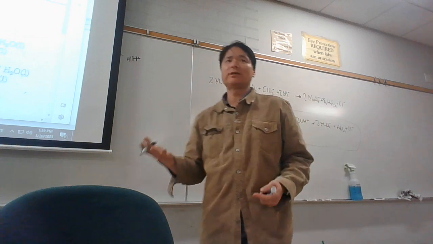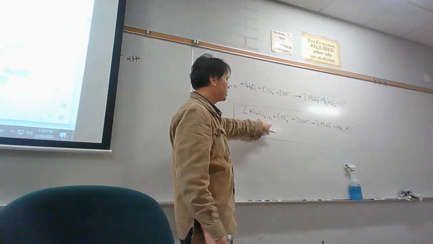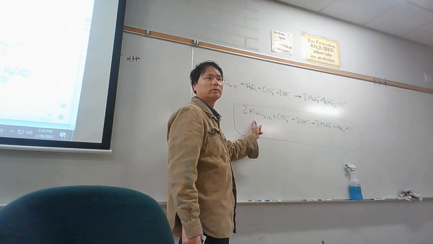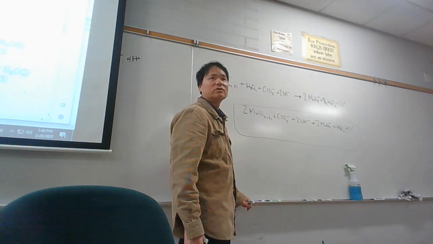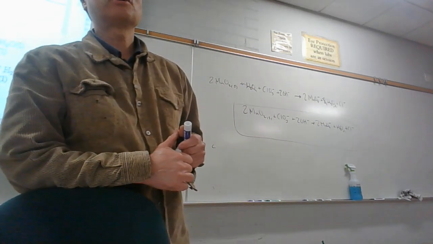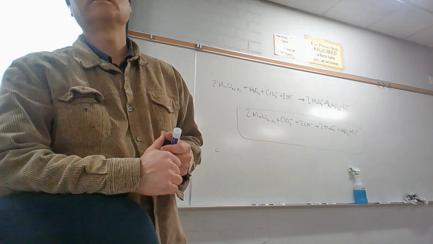Remember the conjugate relationship? MnO2, was that our oxidizer or reducer? Did it lose electrons? Look at the half reaction. Are the electrons on the left side or the right side of that reaction?